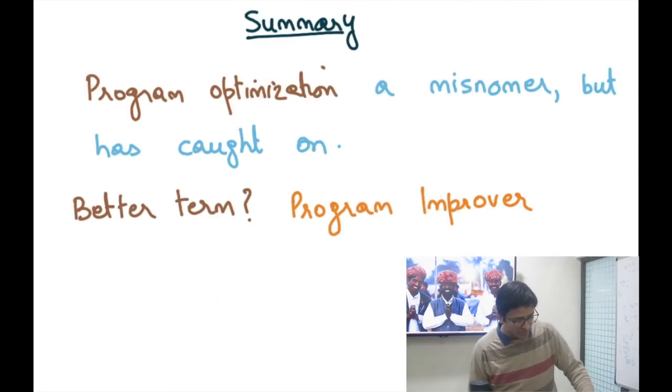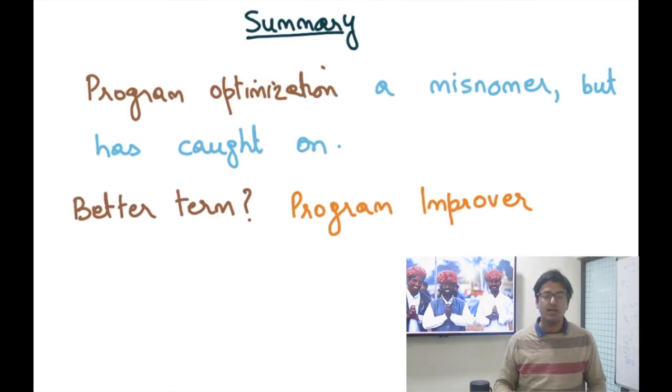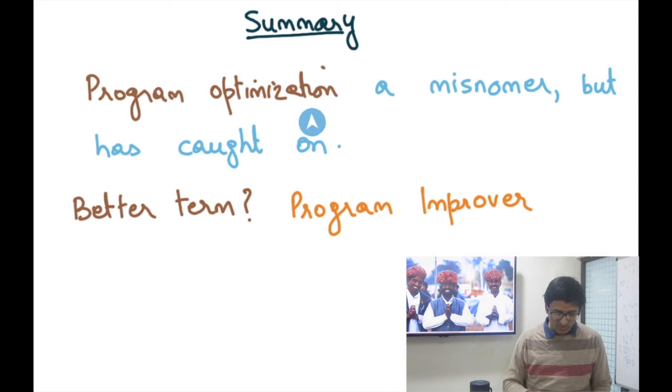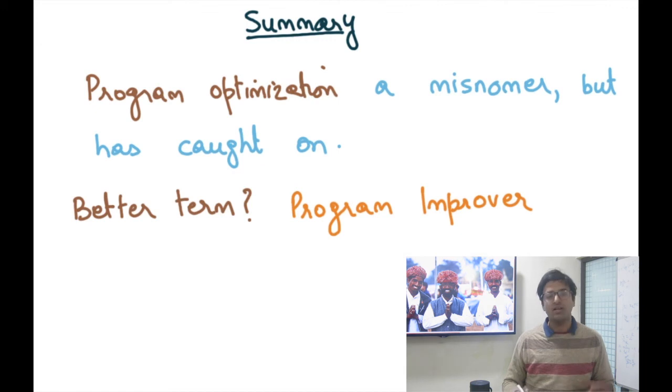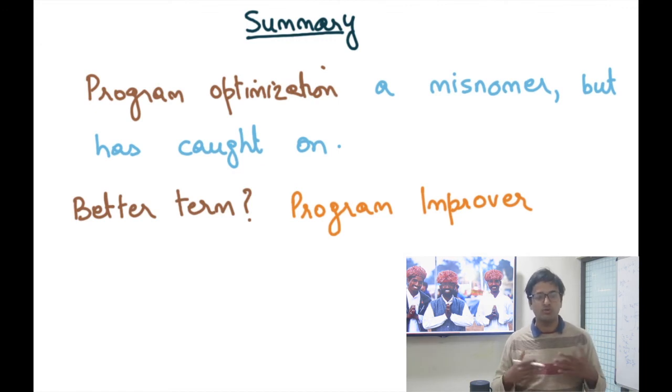Okay, so to summarize, program optimization is a term that is used to improve the program using some algorithms. Maybe they may be local optimizations or peephole optimizations. But the word optimization, I argue, is a misnomer. There's no attempt to actually find the optimal solution. The word has caught on, and so we use it because of historical reasons.